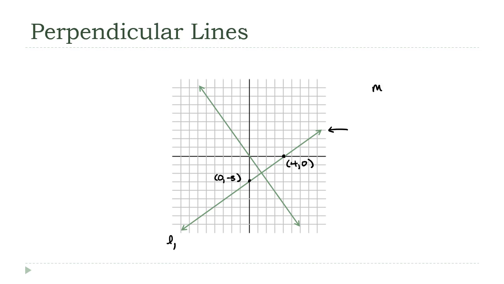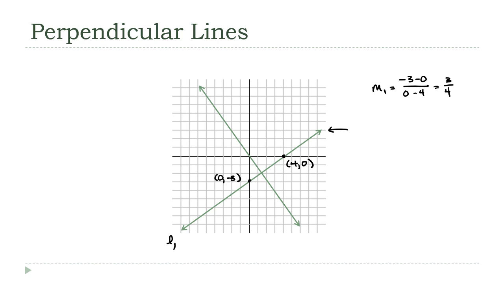And the slope of that line is, let's see, the difference of the y coordinates, that's -3 minus 0 over 0 minus 4. That's -3 over -4, which is positive 3/4. Okay, well, good.